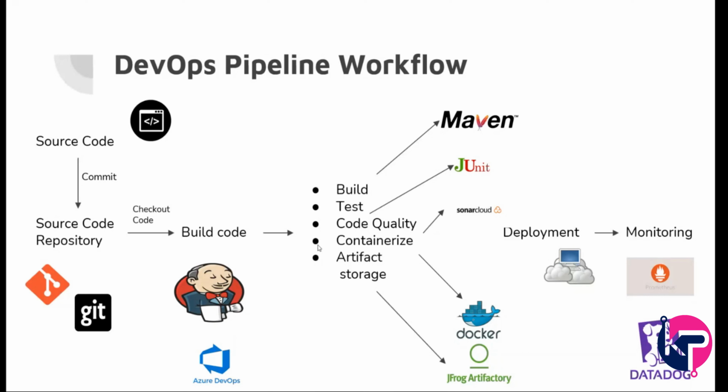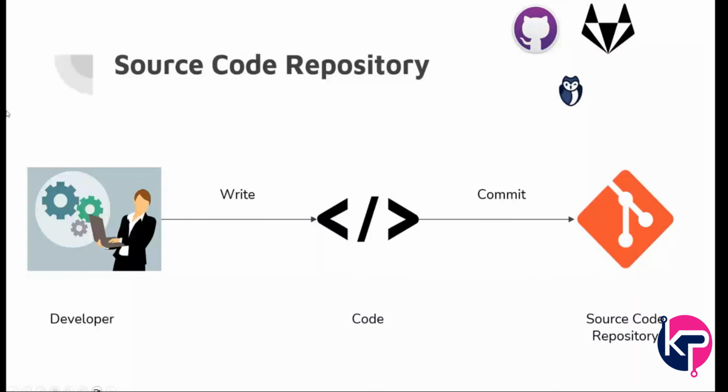You will understand, okay, there is something happening with the application which I need to take a look at. Okay, so this source code repository will be written to and committed, and then the developer does the things.